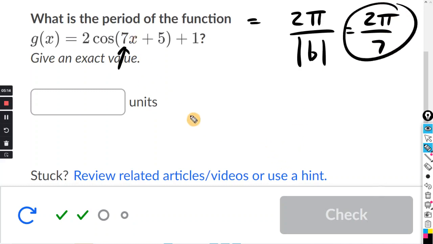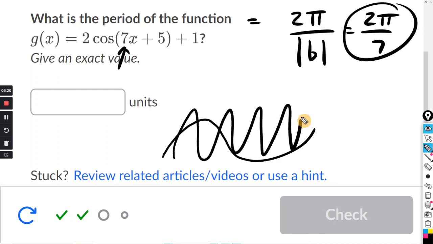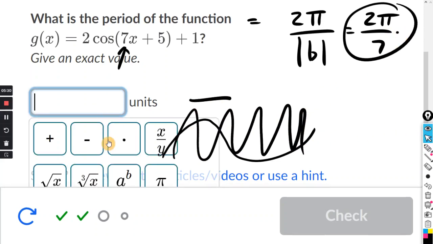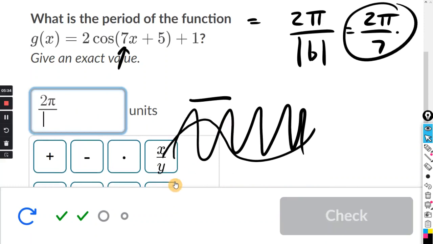Since x was multiplied by 7, the sine wave is going to go 7 times as fast, so the period is going to get shorter. As you can see, 2 pi over 7 is less than the original period of 2 pi. So you do 2, click the pi, slash 7. 2 pi over 7.